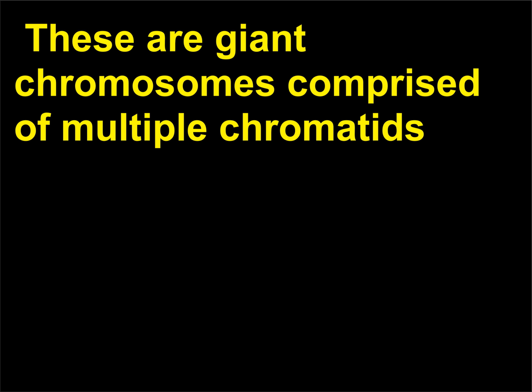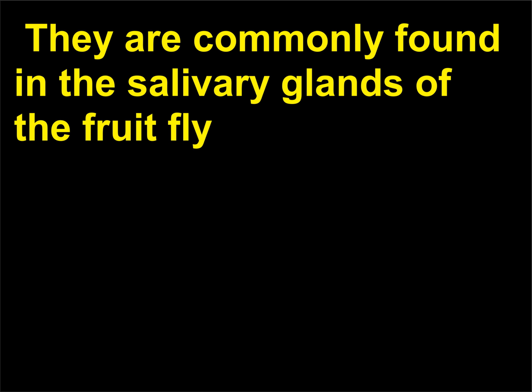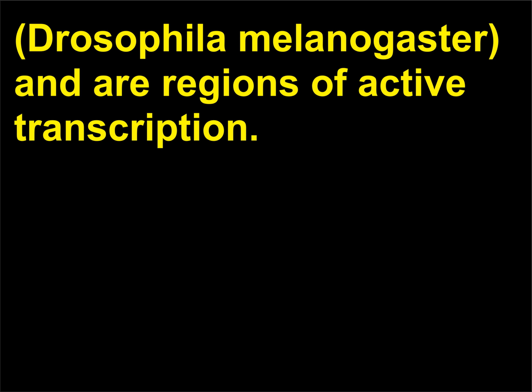These are giant chromosomes comprised of multiple chromatids, identical chromosome copies, arranged together like strands of a large cable. They are commonly found in the salivary glands of the fruit fly, Drosophila melanogaster, and are regions of active transcription.